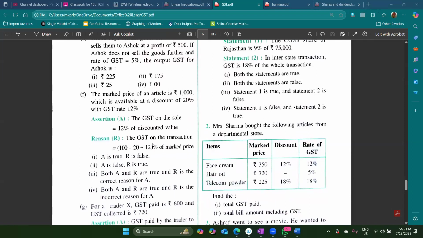F. Correct, Aniket. Correct, Riya. Correct, Sai.